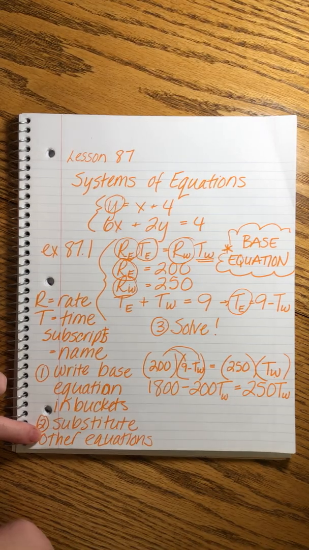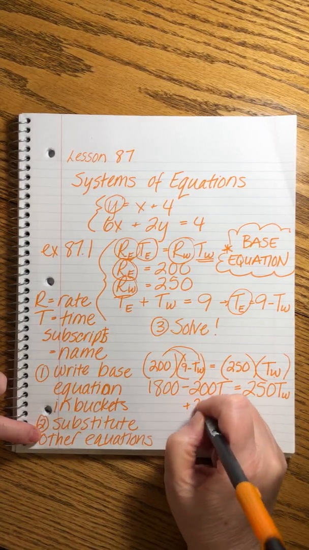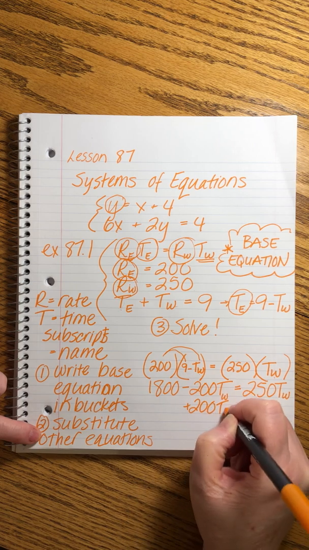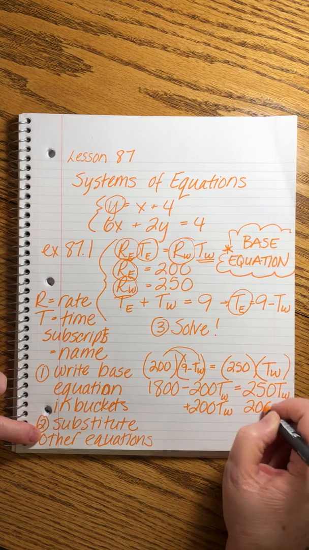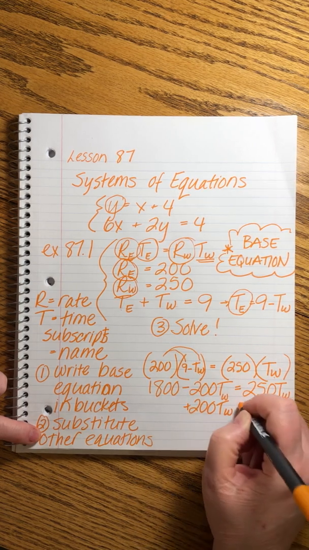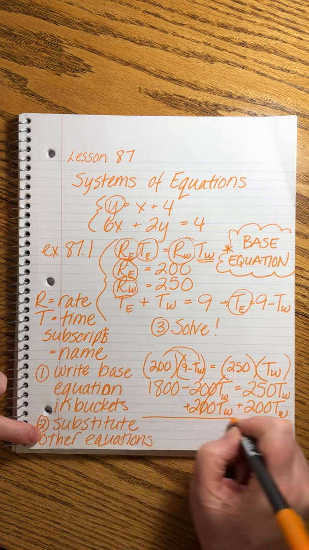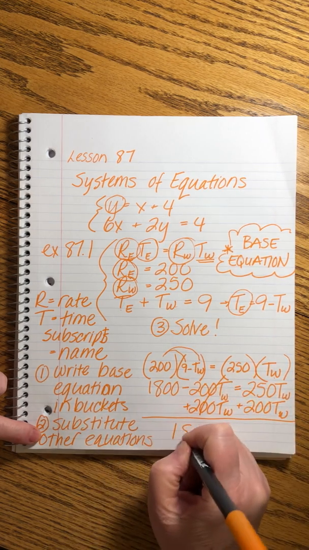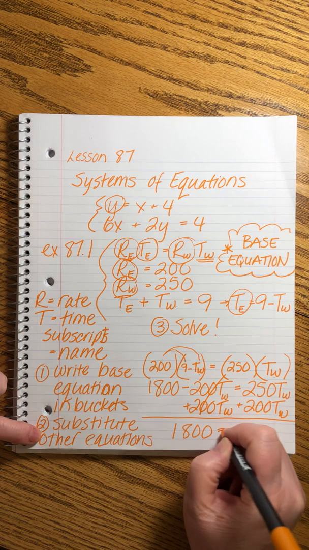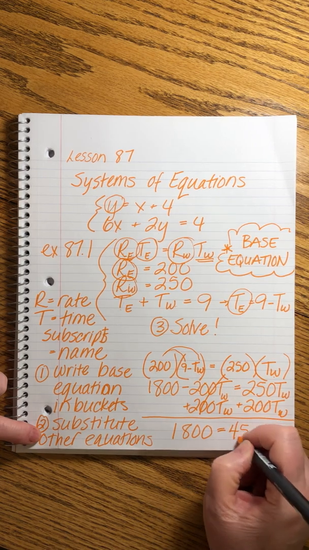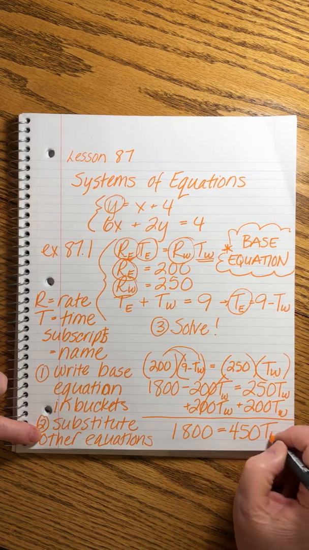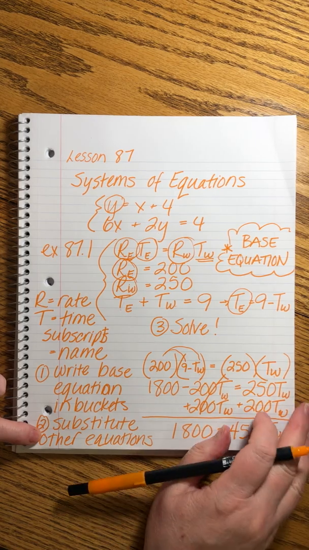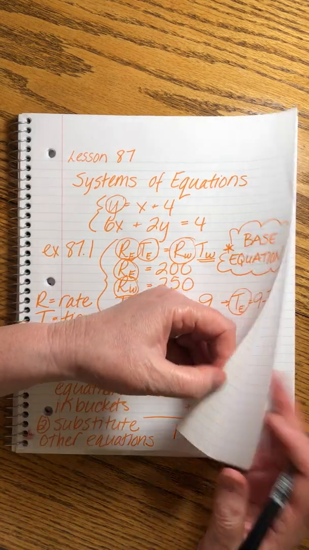All right, now straight algebra, I'm going to add this 200 T sub W to the other side. Swing it across, right? Cancels there. And I get 1,800 equals 450 T sub W. I'm going to copy this up to the top of the next page. We're almost there, right?